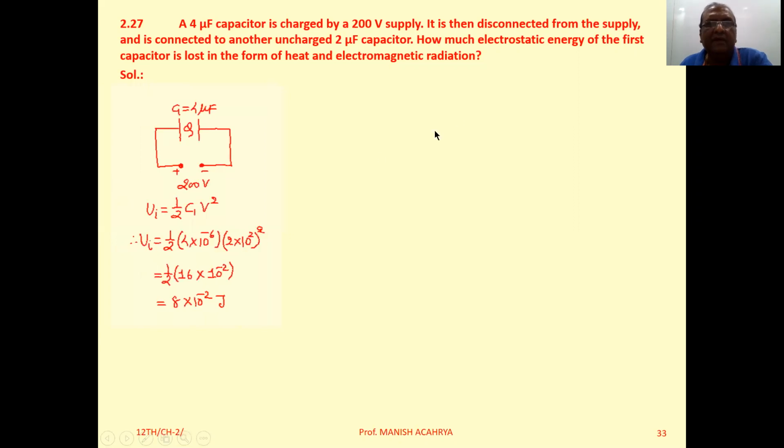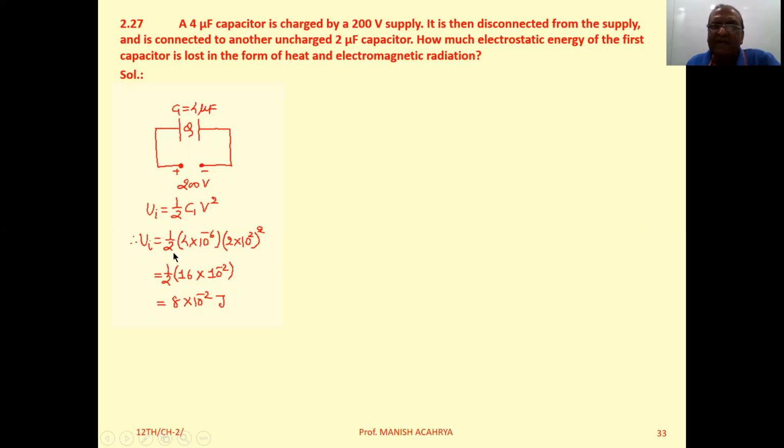See, first case, a 4 microfarad capacitor is charged by a 200 volt supply. So the 4 microfarad capacitor is connected with a 200 volt supply. So, energy stored in the capacitor, say it is the initial energy, we can write Ui that is half C1 V square.